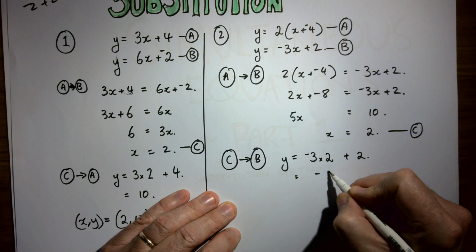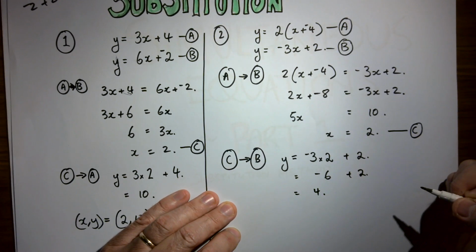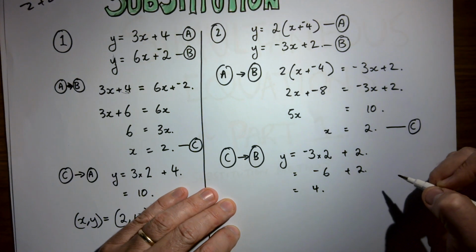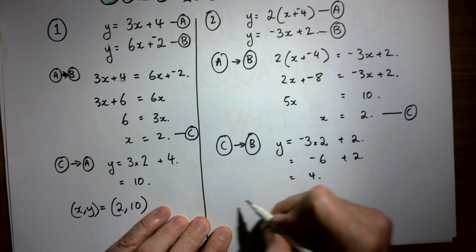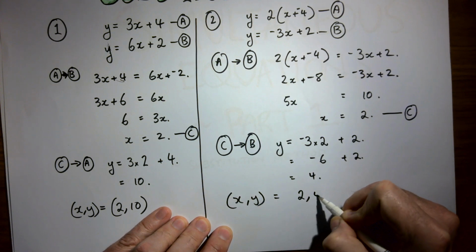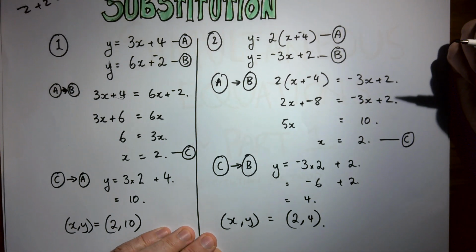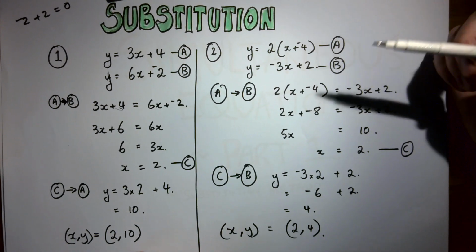Okay, so that's negative 6 plus 2, which is 4. Okay, so my amazing xy position is 2, 4.